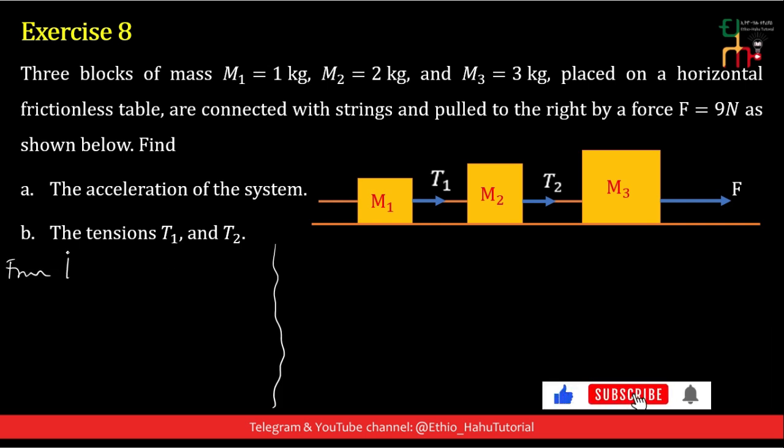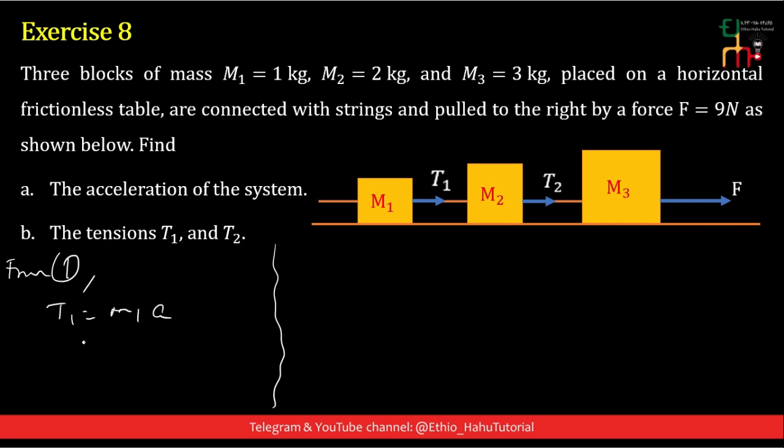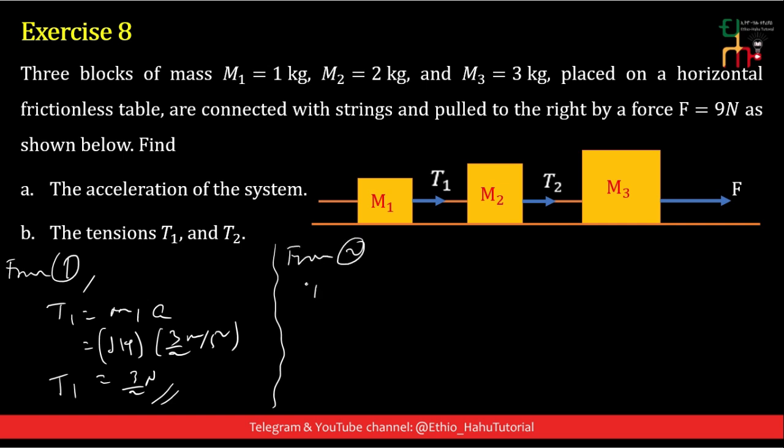From the first equation, we have tension T1 is equal to M1 times A, equal to M1, 1 kilogram, times A, 3 over 2 meter per second square, equal to 3 over 2 Newton. This is T1. From 2, tension T2 minus tension T1 is equal to M2 times acceleration.